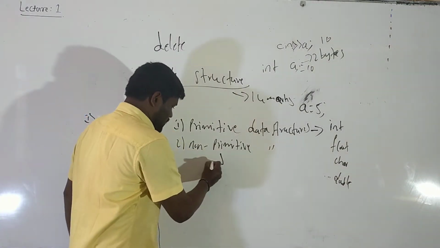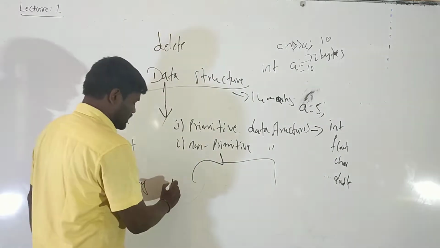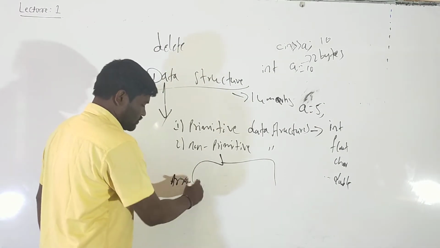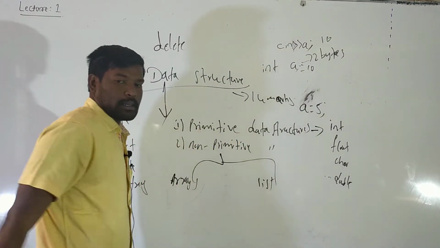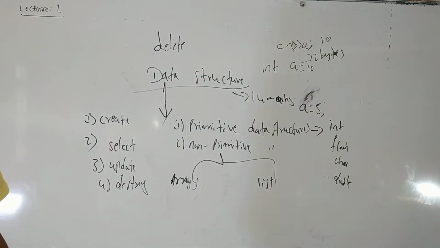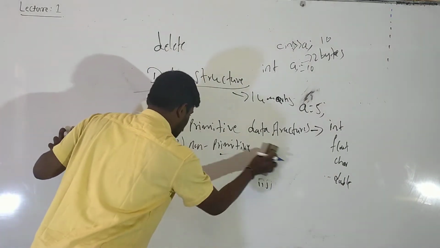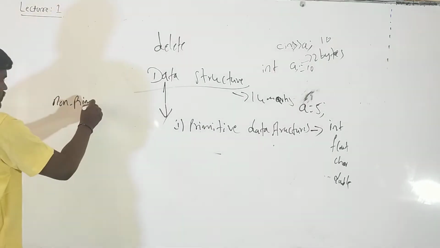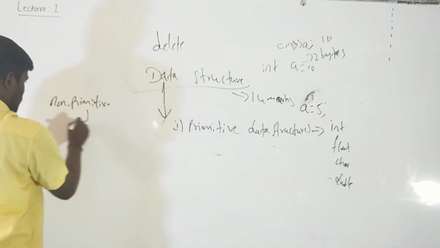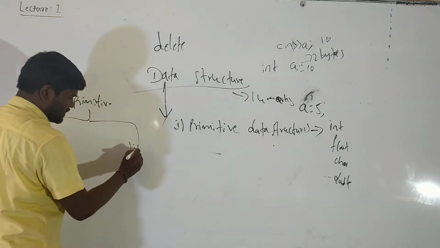So again, non-primitive data structure consists of some categories. So first one is arrays. Here is list. Non-primitive consists of subcategories, that is arrays and list.